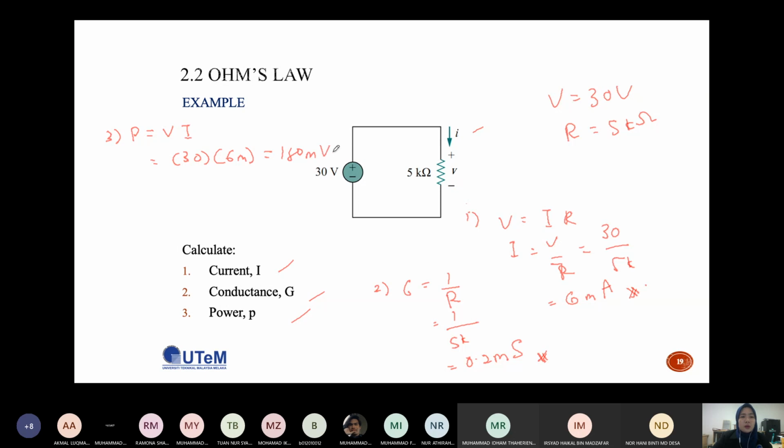Okay, the unit for power is watts, W. Okay, you can also try to calculate the power using the other formula, for example, I squared R. Okay, you will get the same answer. Okay, 180 milliwatts.